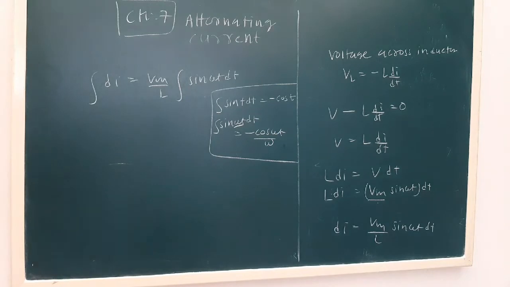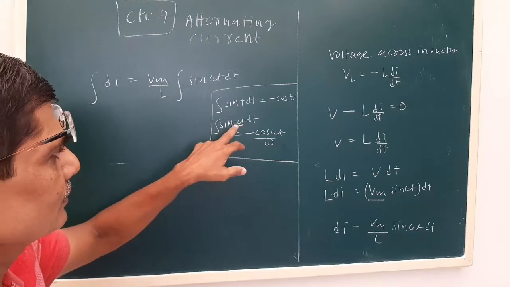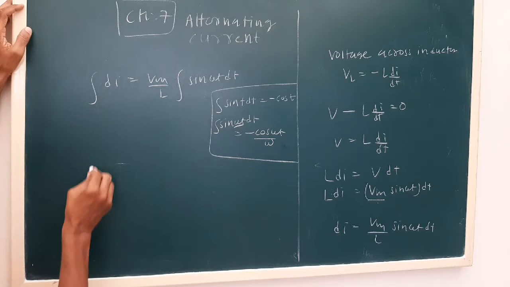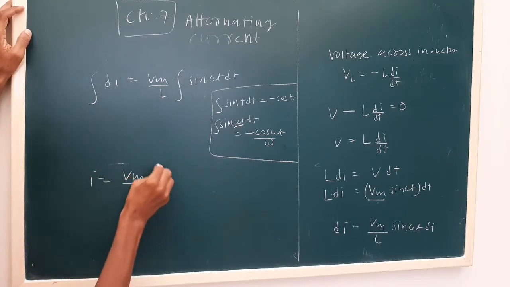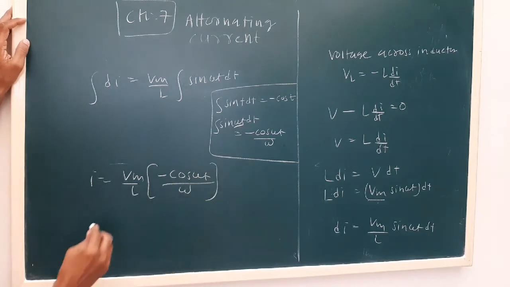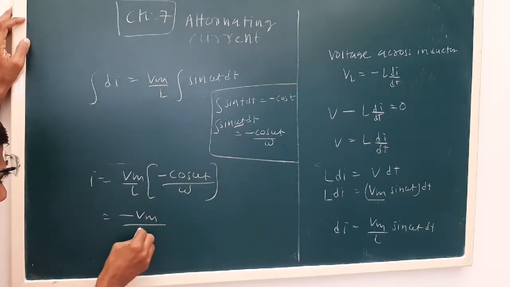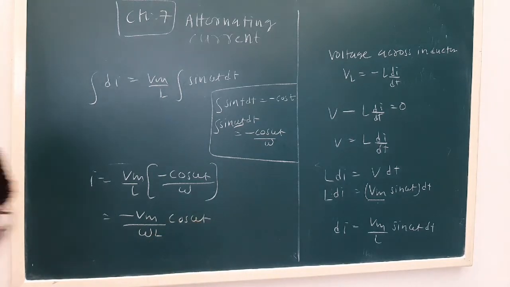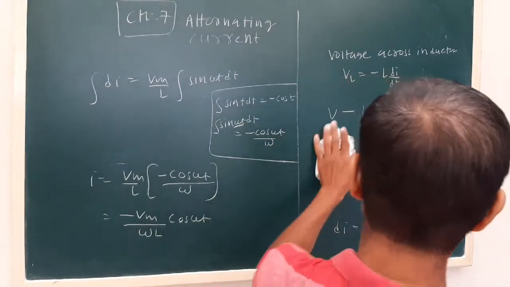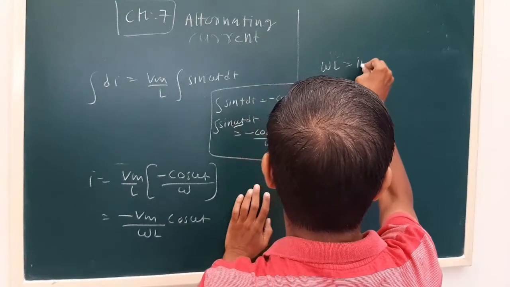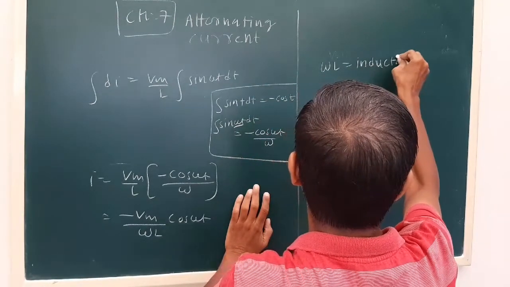Remember the rule. So integrating di, I is Vm by L times minus cos omega t upon omega. Now this we can write as minus Vm upon omega L cos omega t. Now we come across a new term: this omega L is called inductive reactance.